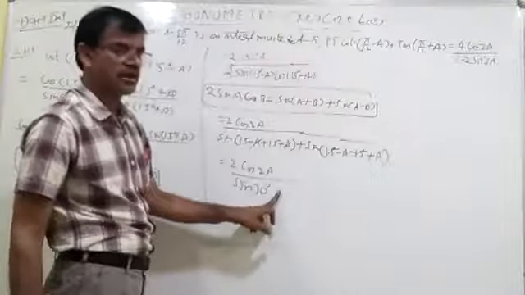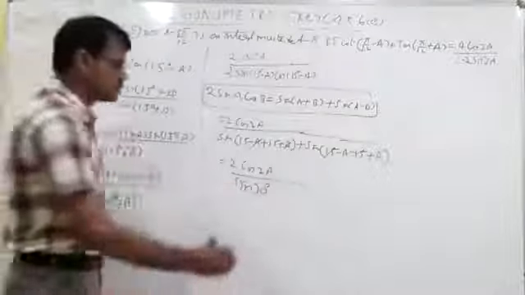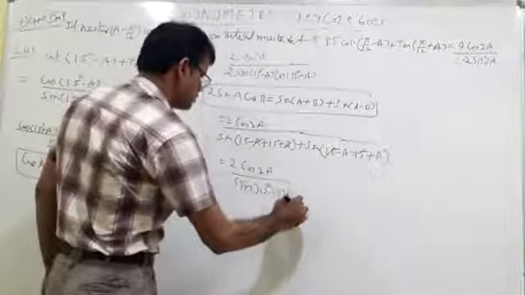Whenever sin of minus theta is there, it is minus sin theta. So write here minus sin 2a.